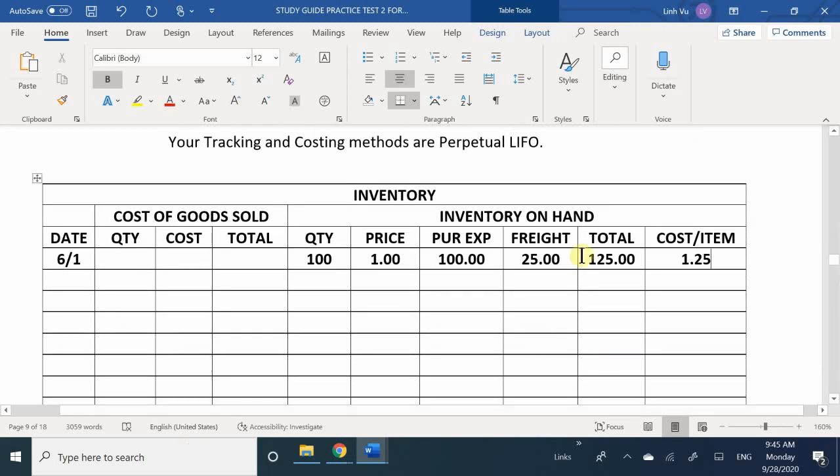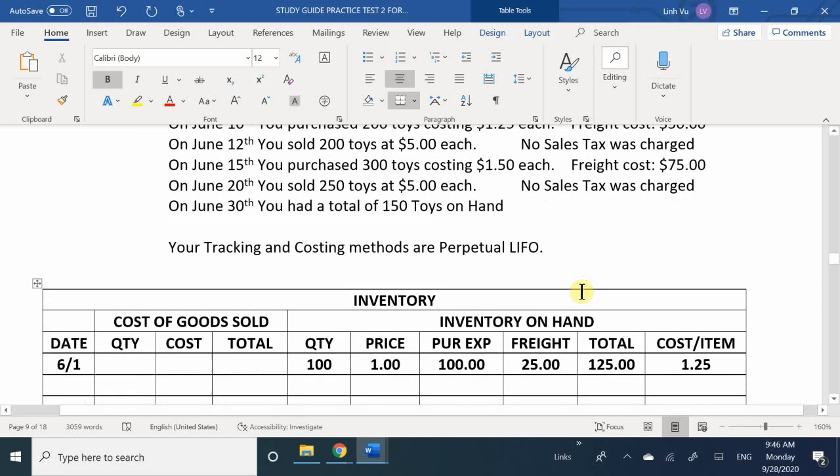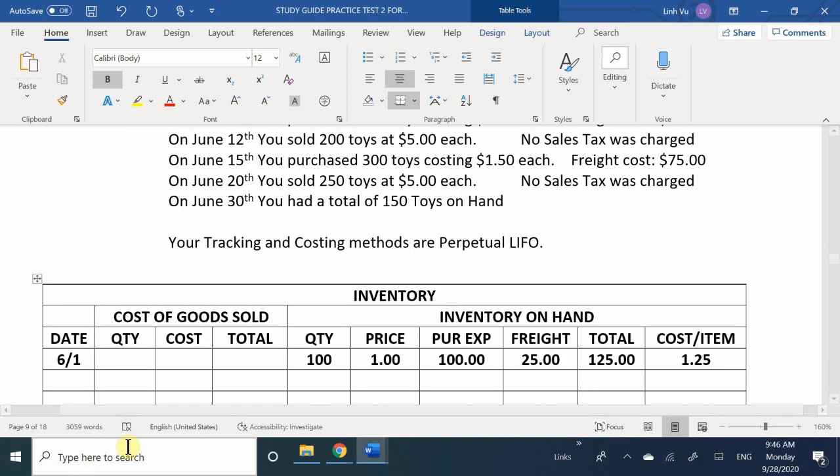So, good. Now, what happened next on June 10th? Okay. So, on June 10th, you bought 200 toys at $1.25. Freight was 50.